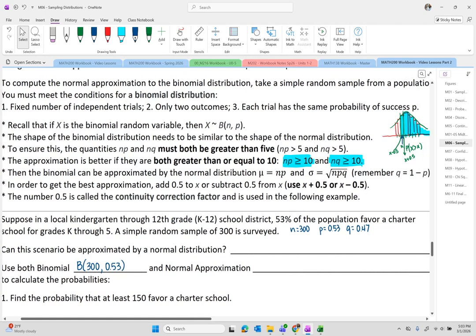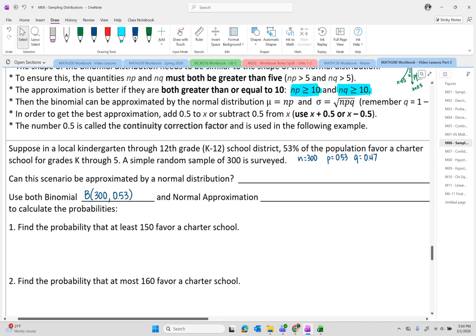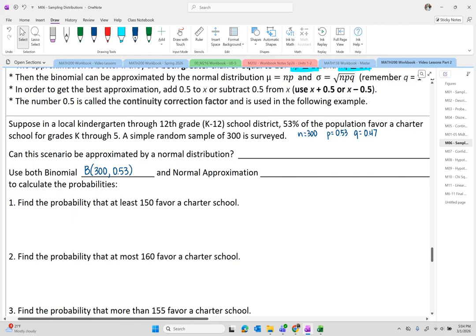So in the example below, we do have the technology for the binomial distribution, so we will use both the binomial distribution and the normal approximation to answer the questions and to compare the solutions. So suppose in a local kindergarten through 12th grade school district, 53% of the population favor a charter school for grades K through 5. A simple random sample of 300 is surveyed.